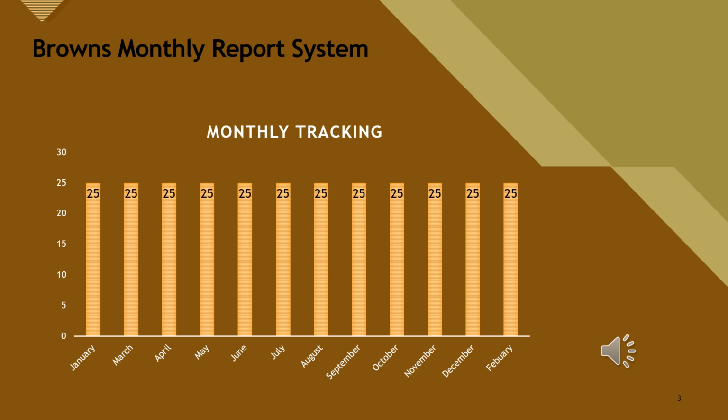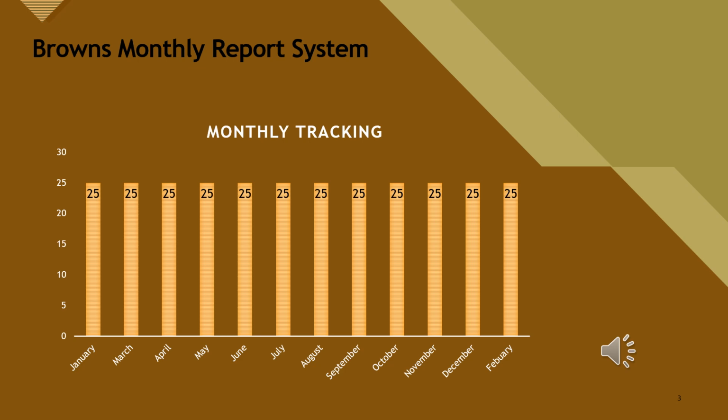Starting with Brown's monthly reporting system. Right off the jump, you can automatically see Brown has a simple reporting system where it looks like they only require their members to have a minimum of 25 incidents per month.